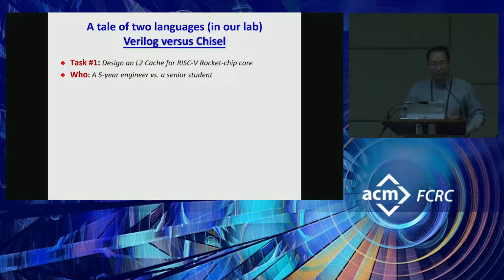In our lab, we did some comparison between different languages. It's a tale of 2 languages. I asked 2 people, one engineer and one student, to perform the same task and compare the 2 languages.